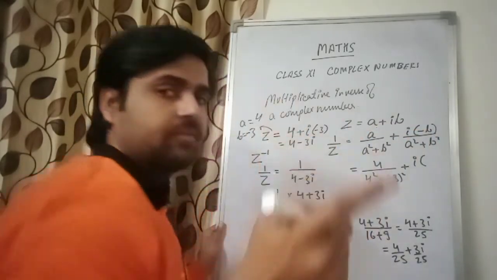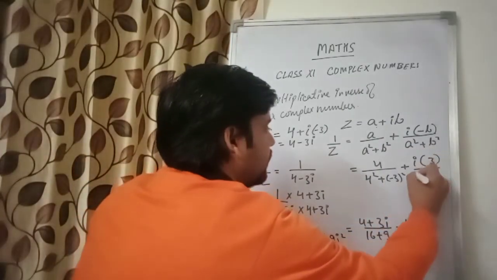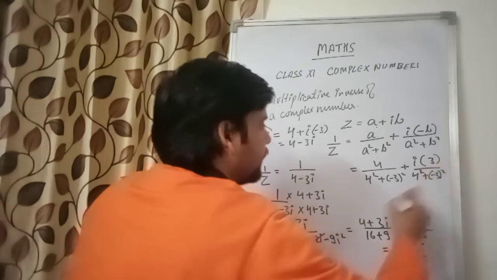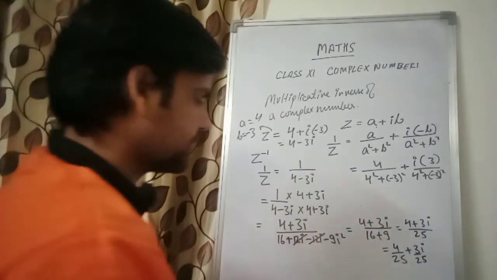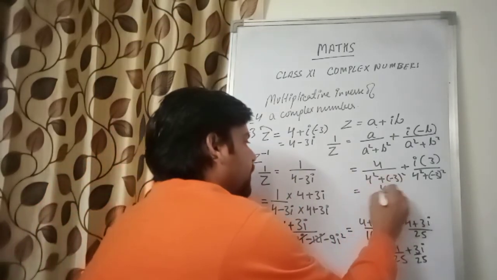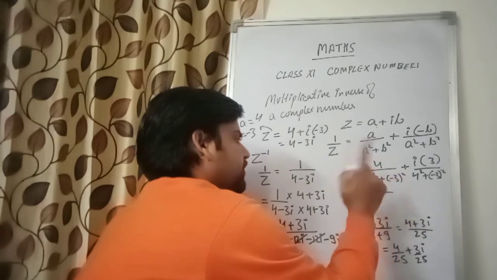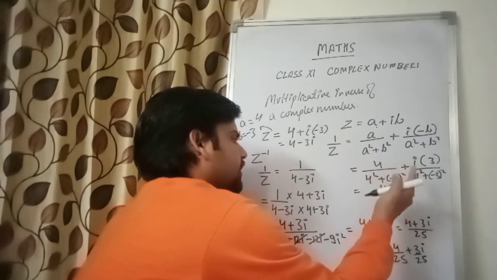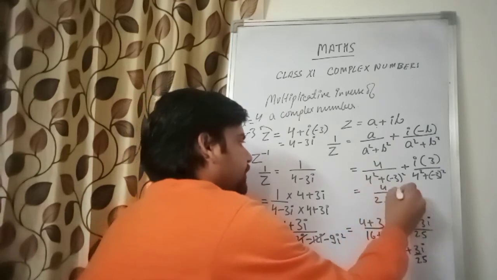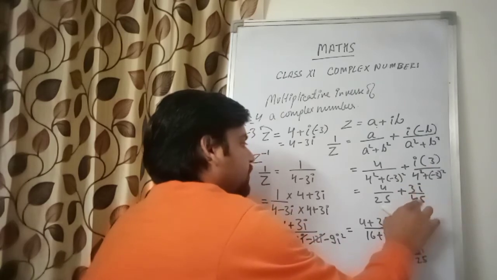The negative of a negative number is positive, so it will become 3 upon the same thing, 4 square plus minus 3 whole square. When you simplify this, 4 square is 16. The square of a negative number is positive, so minus 3 into minus 3 is plus 9. So 16 plus 9 is 25. Similarly here also 3i by 25.